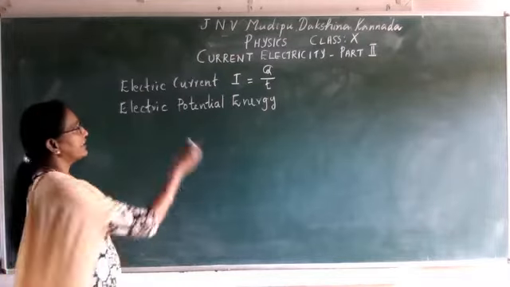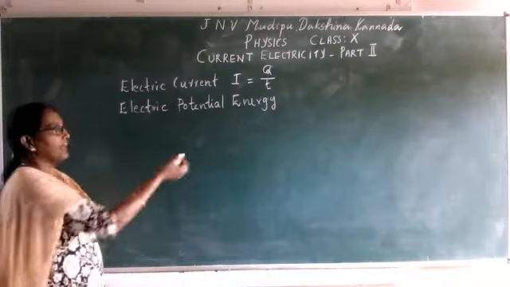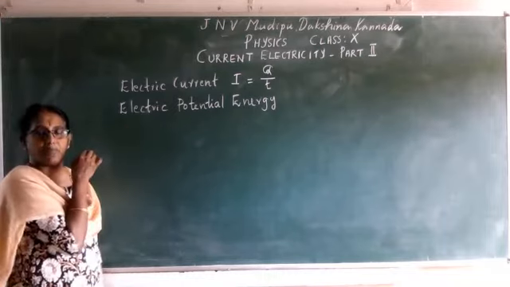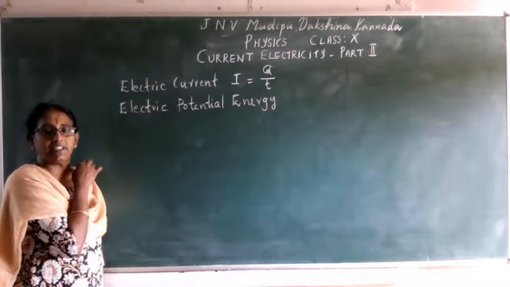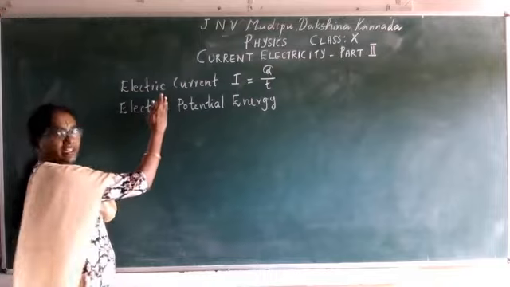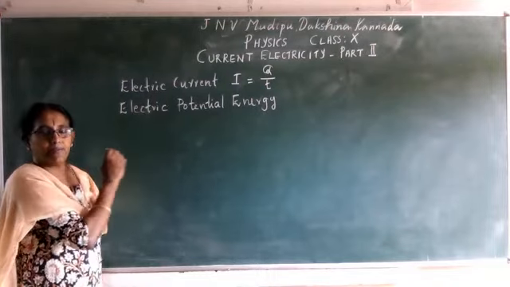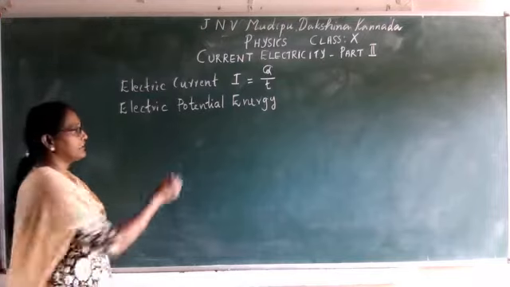So that work done is the potential energy. Since it is for the charge, we have renamed it as electric potential energy. In 9th standard you studied about potential energy. There you were dealing with mass, therefore you used only the word potential energy. But since here it is charge, we have called it electric potential energy.